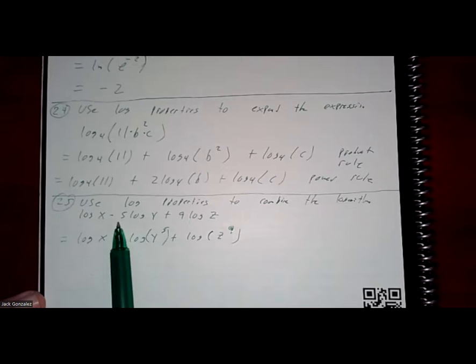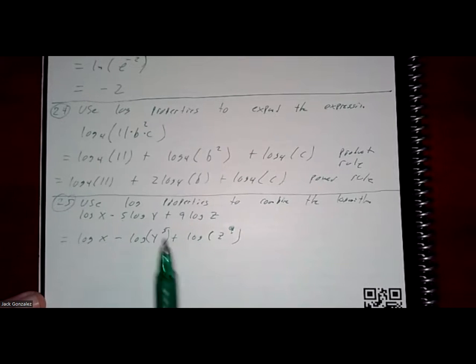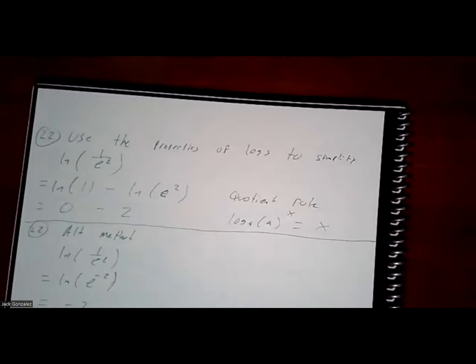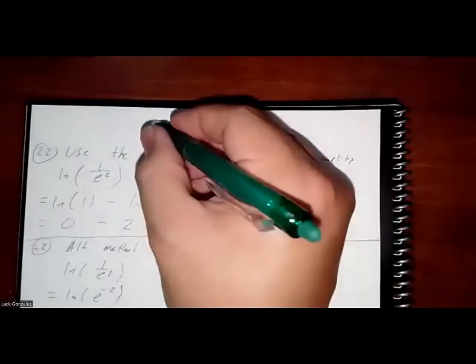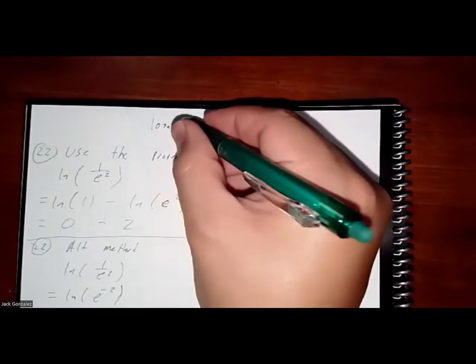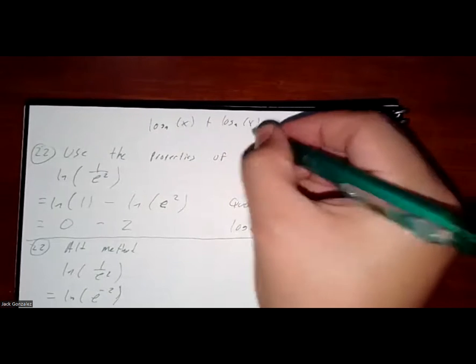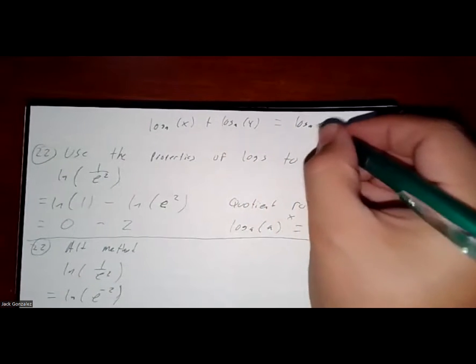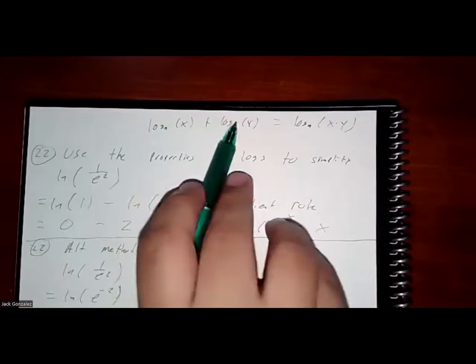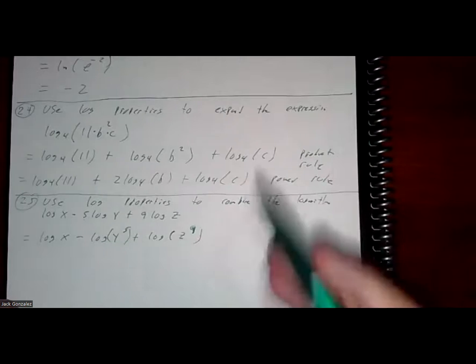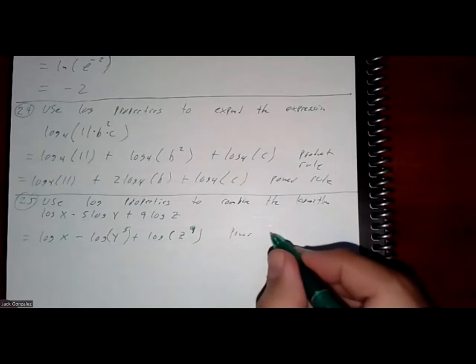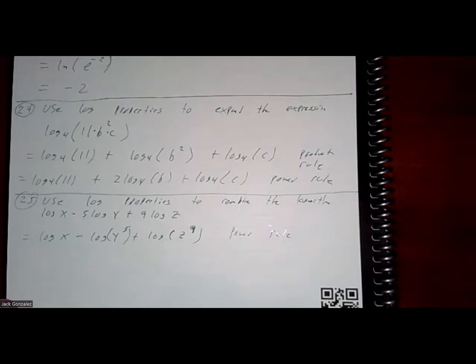The original log product rule said log base a of x plus log base a of y is equal to log base a of x times y. There are no numbers in front, right? So use the power rule first right here to move those powers, and then apply the quotient and product rule here.